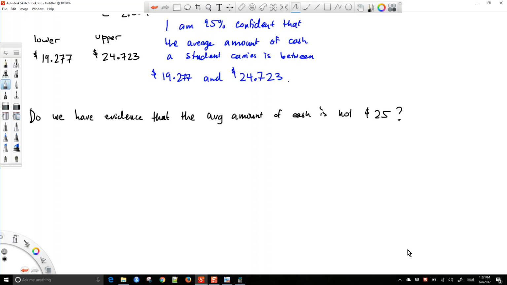Okay? How do we answer this question? We say yes, right? Okay, 25 is not in our interval. Okay, so we have evidence that the average is not 25.